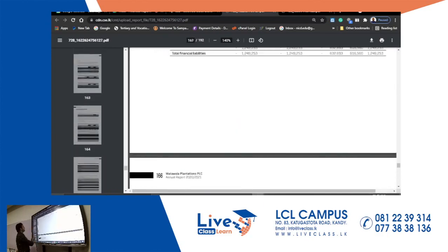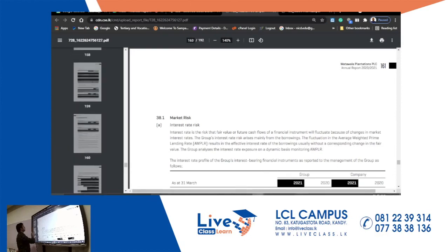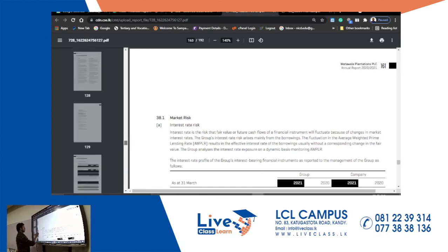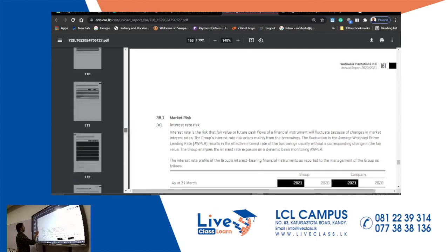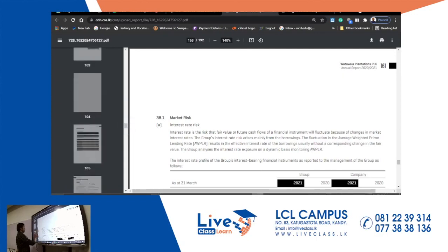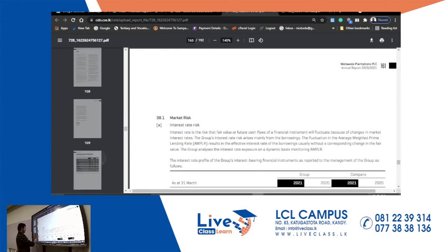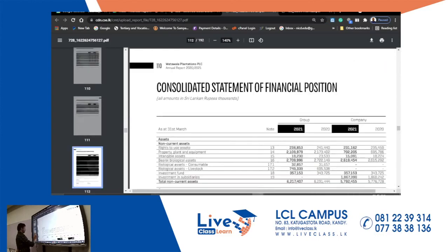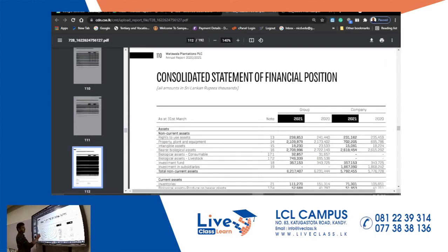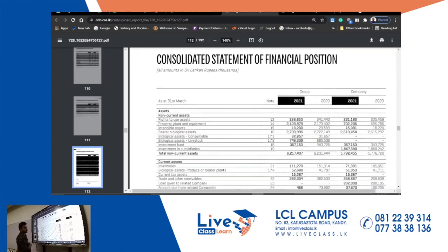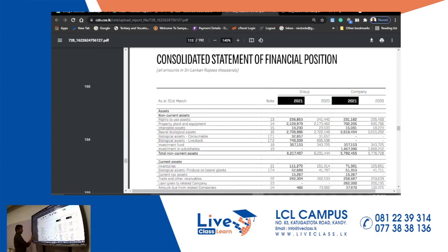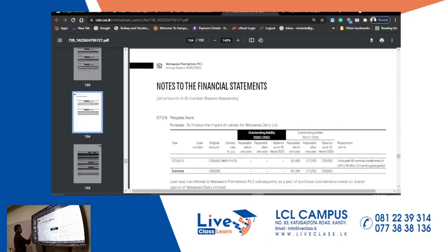Sorry, biological assets තිබුණේ look at this biological assets තිබුණා consumable in investments funds and note number 17.1, note number 17.